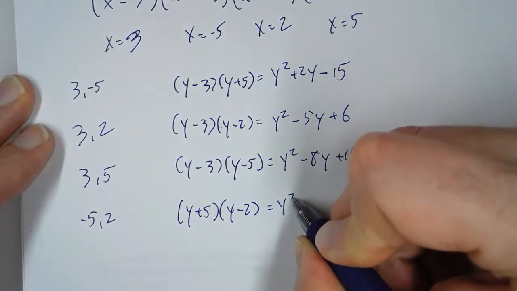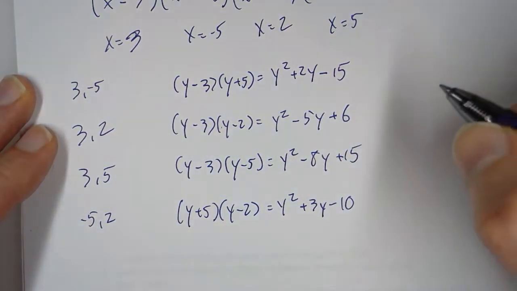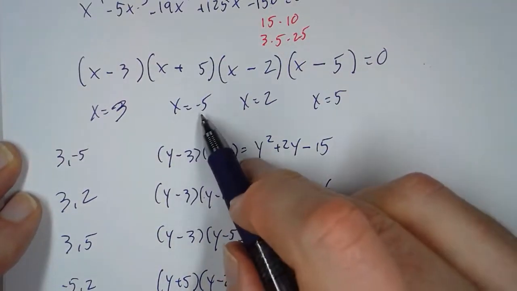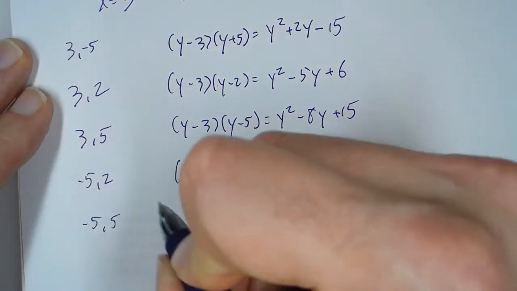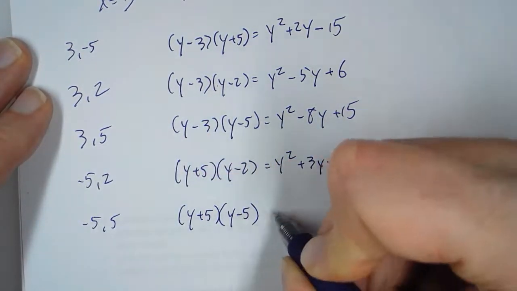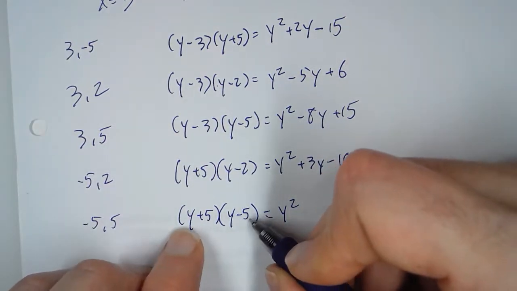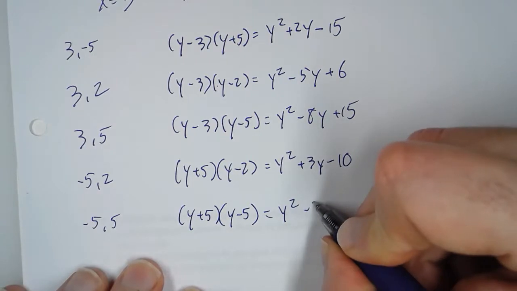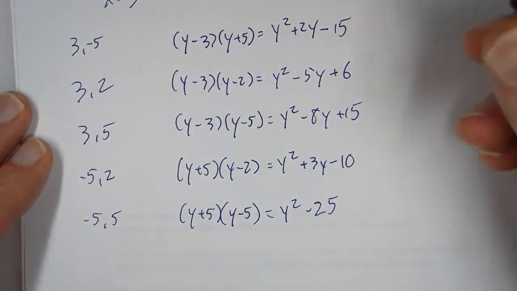So we get y squared plus 3y minus 10. Then we have negative 5 and 5. So that's going to be y plus 5 and y minus 5. So the outside and the inside pairs will cancel out, so that this is a difference of squares. So we're going to have y squared minus 25.